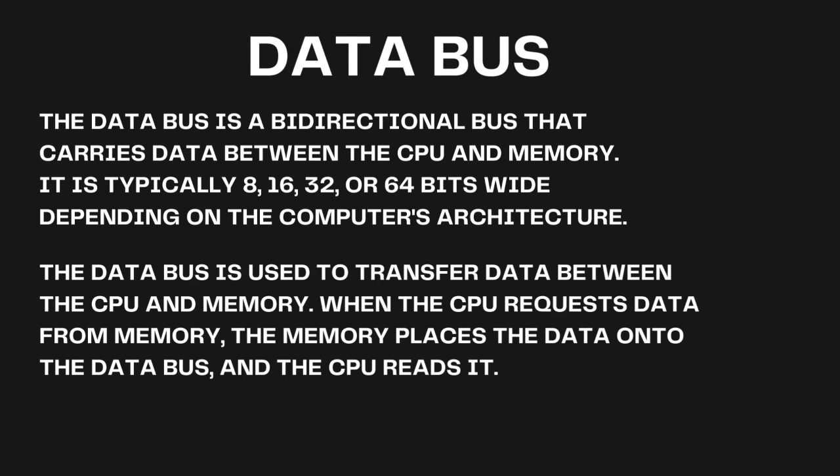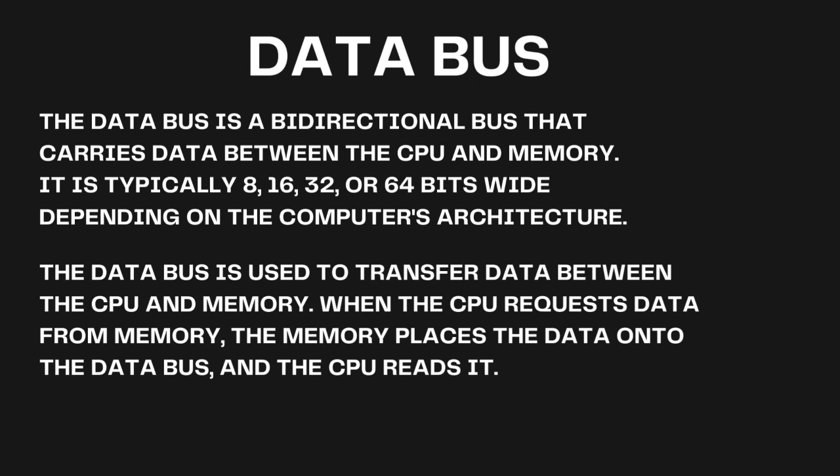Let's move on to the data bus. Data bus is the bidirectional bus. It provides a path to travel the data from one device to another device. When we give input to an input device, it will go to the data bus, and after that it will move to the microprocessor. That means data will get transferred from the input device to the microprocessor via the data bus.